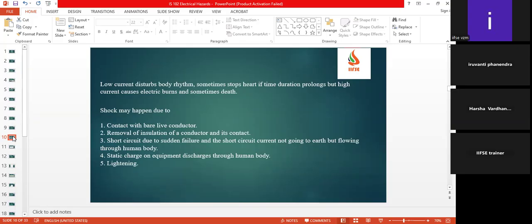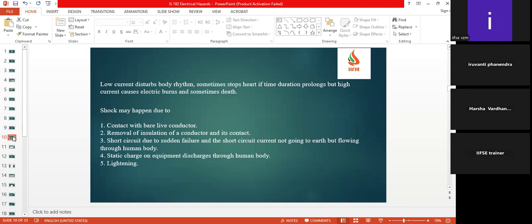As I mentioned, low current disturbs the body rhythm and sometimes stops the heart if the duration prolongs, but high current causes electric burns and sometimes death. Rhythm in the sense, the rhythm of our heartbeat will change, and due to that rhythm change, sometimes it gets stuck, and then your heart stops.